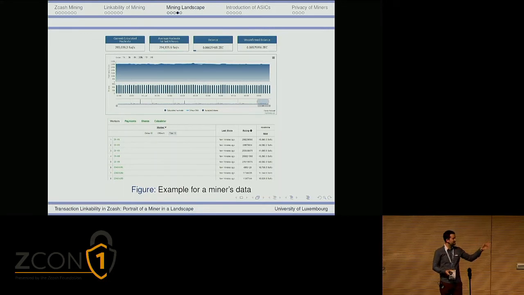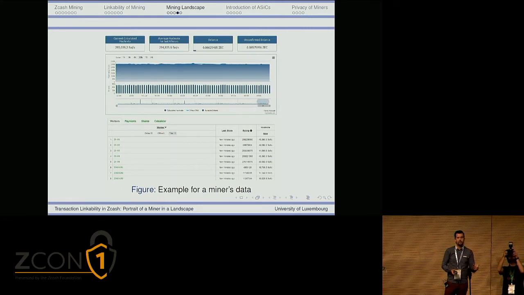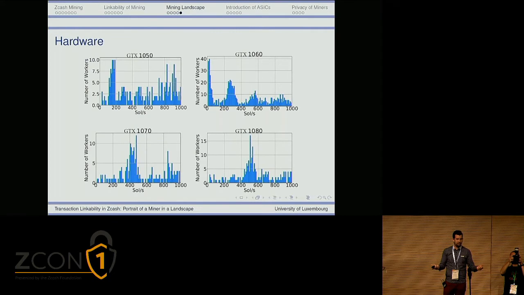After we gathered this data for roughly 50,000 miners in Zcash over a 3-month time period, we were interested in how the different hardware, namely the different GPUs, is distributed inside Zcash. To do that, we simply queried inside the worker names for the number code of the GPU card.